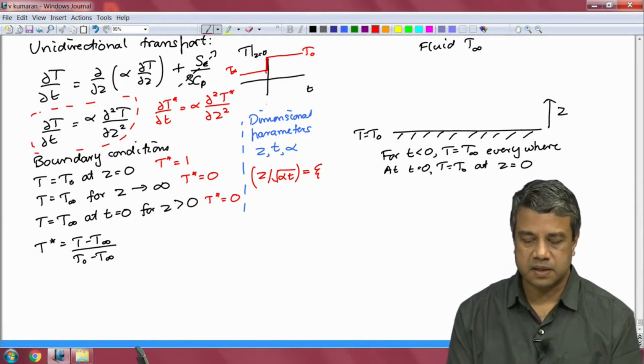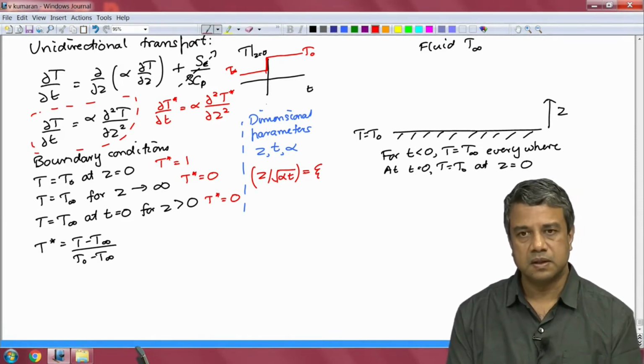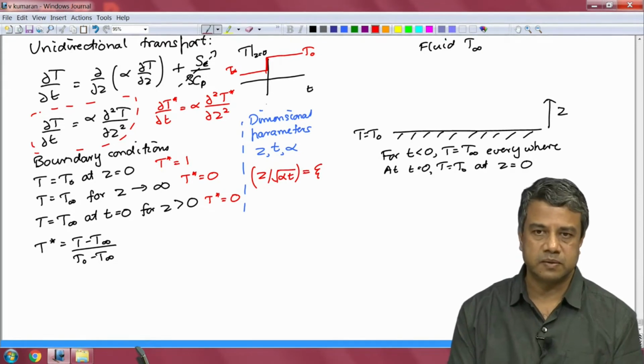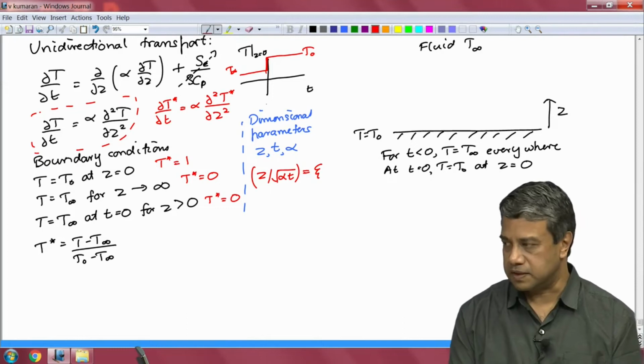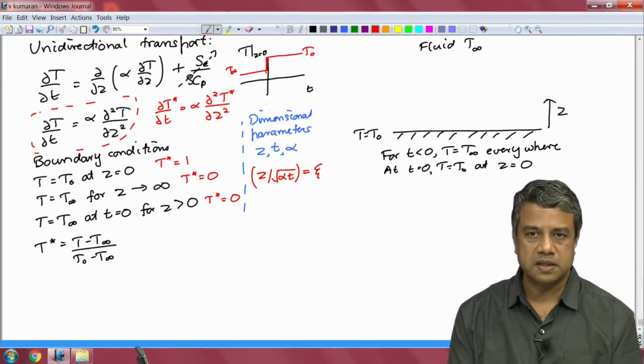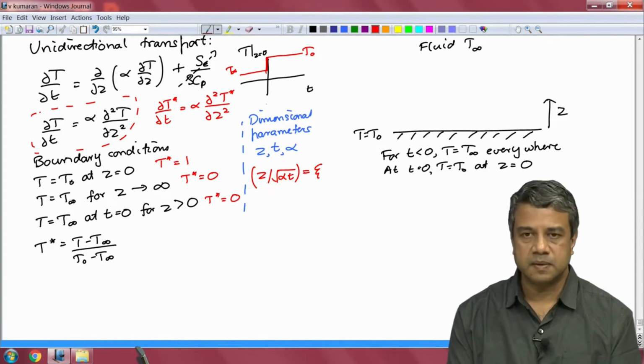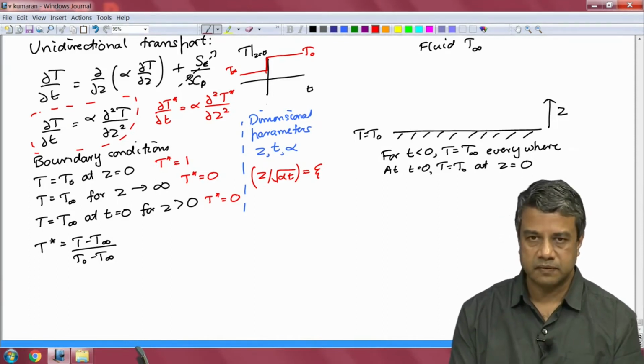In general, for a partial differential equation, there is no predetermined solution procedure. The solution procedure I told you in the beginning of this course in general depends upon the physics of the problem. In this particular case, since I have an infinite domain with no length scale in the problem, I can reduce it to a similarity variable.